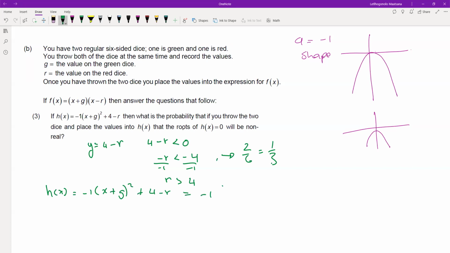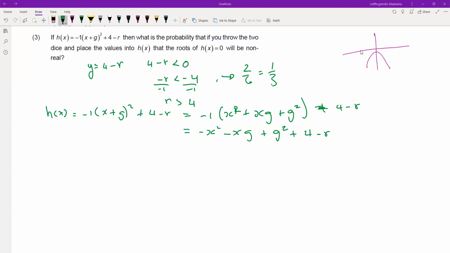We get minus 1 times (x squared plus 2xg plus g squared), and we'll get plus 4 minus r, and this will be minus x squared minus 2gx minus g squared plus 4 minus r.